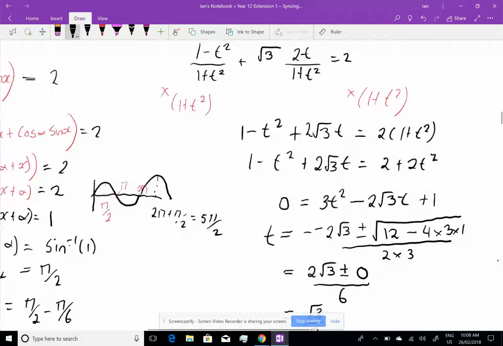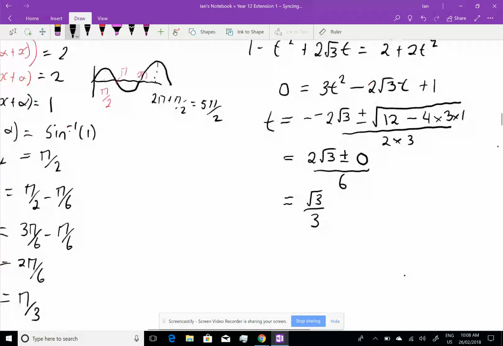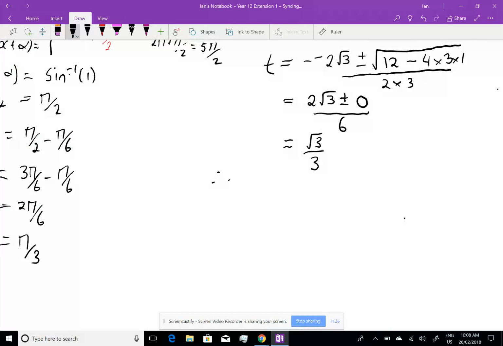I go back and look at my substitution. What did I let t equal? tan theta on 2. Therefore, tan theta on 2 equals root 3 on 3. Now that's a bit difficult. Why don't I simplify, or multiply by root 3, multiply by root 3. That'll give me 3 on 3 root 3, which cancels, which gives me 1 on root 3.